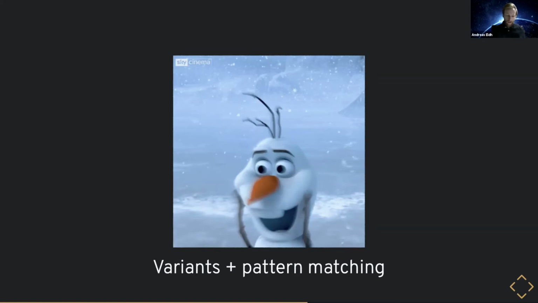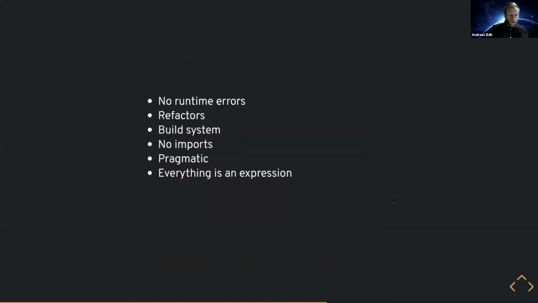But there are basically no runtime errors. It's nice to have no runtime errors in production, but there are also no runtime errors in development, basically. It almost never happens.